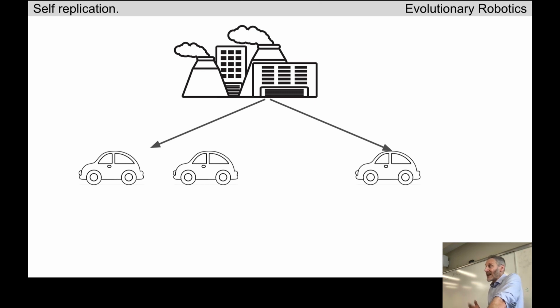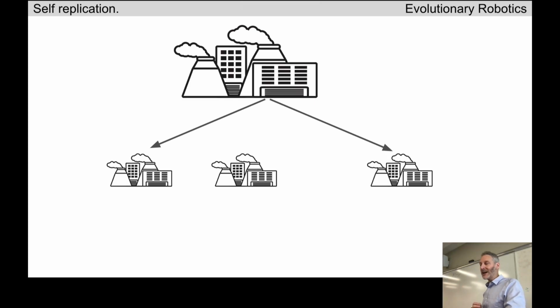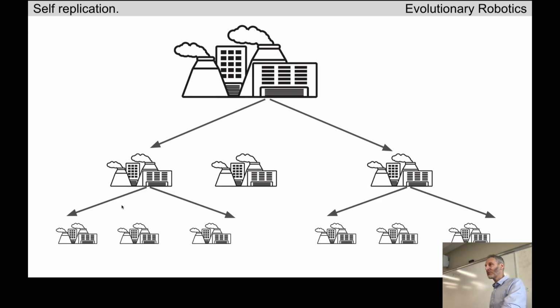Yeah? That's how traditional technologies or generative technologies like factories that themselves are not useful, but they generate useful devices or things or processes, works. Wouldn't it be nice if we could make machines that make copies of themselves, and eventually those copies of copies of copies sometimes also spit out cars?